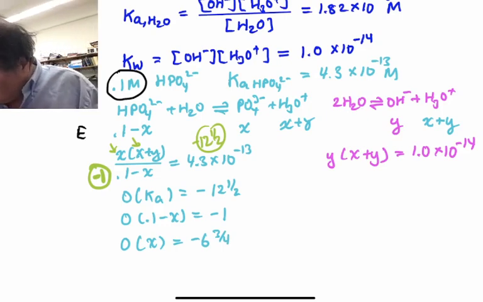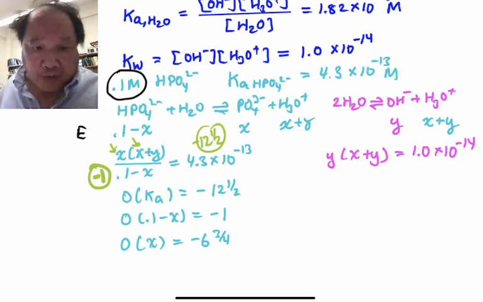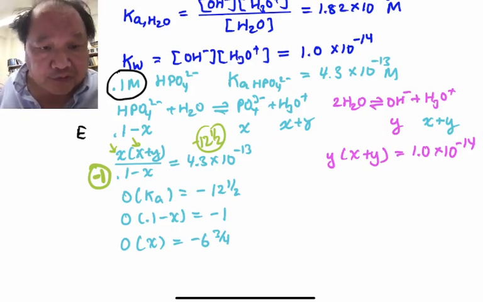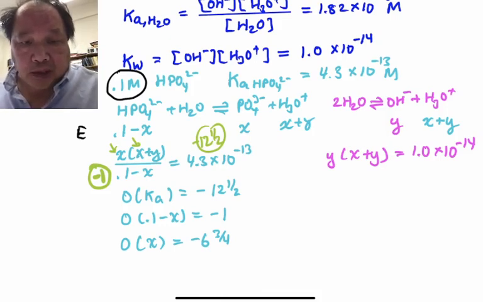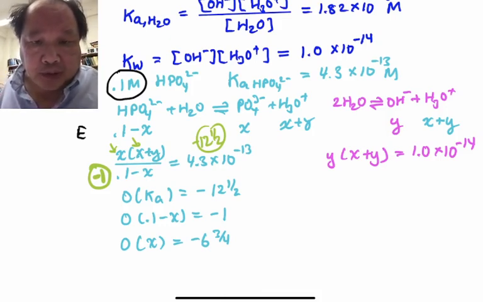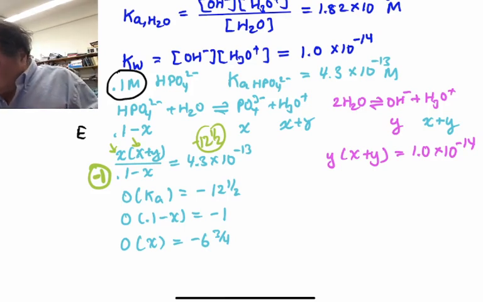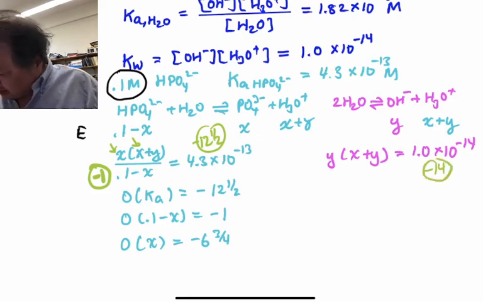So if X is of that order of magnitude, pause the video again and see if you can complete the problem. Good. So what we need to do is figure out the magnitude of Y. We know that here it's minus 14 on this side. X is minus 6 3/4.